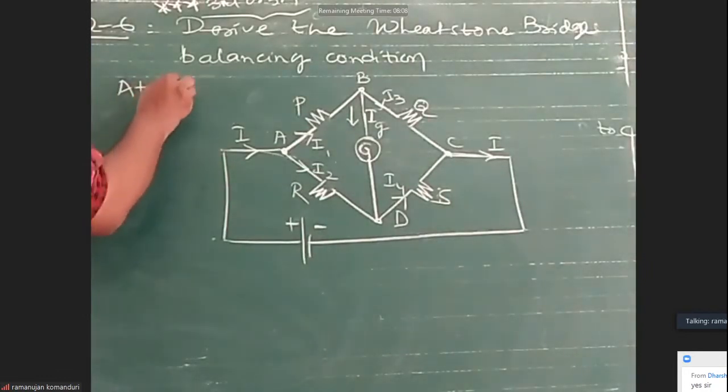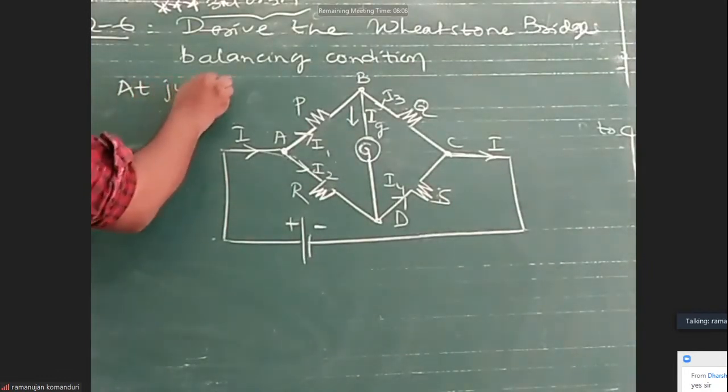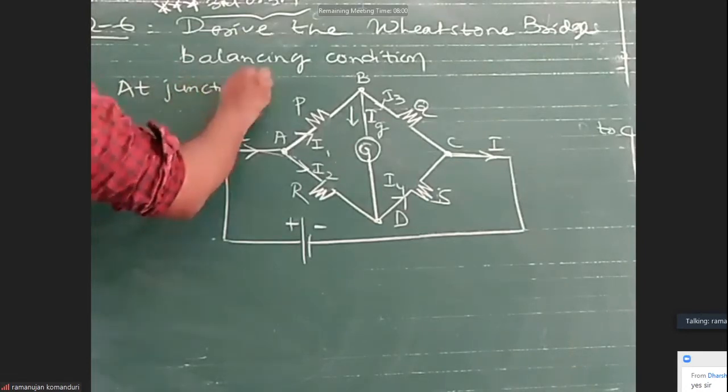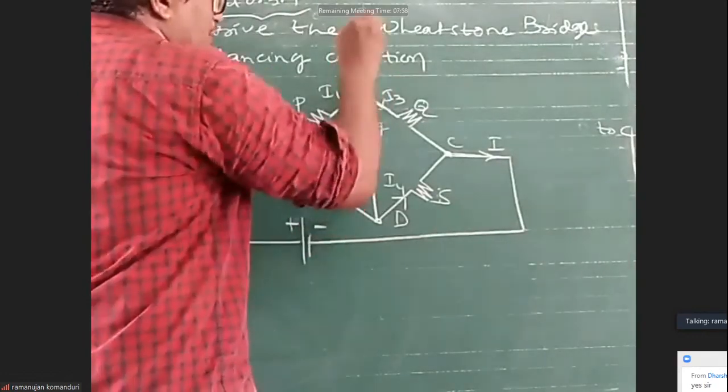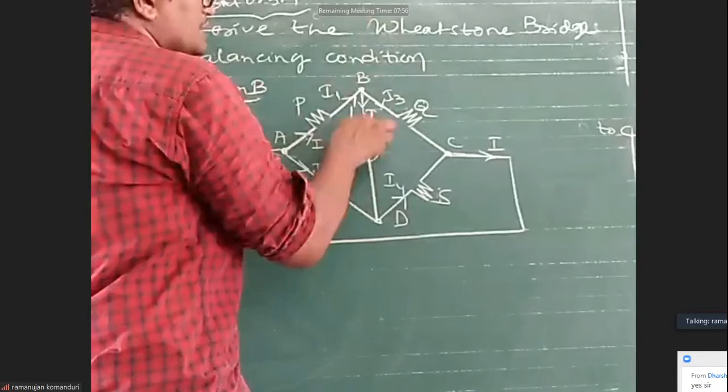Junction B. Which junction am I saying? B. Here, the current I1 actually comes towards the junction and it splits into Ig and I3. Is it not?